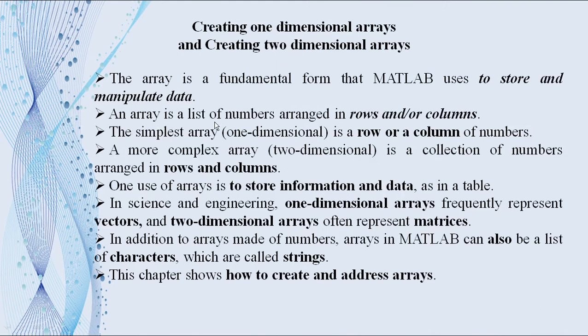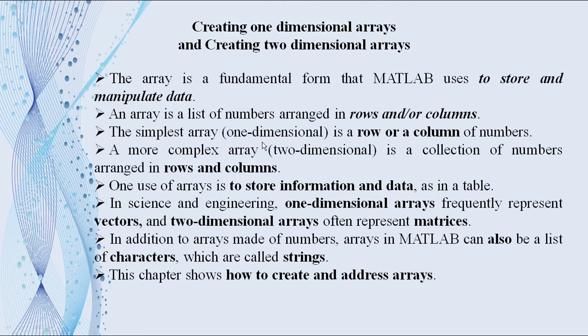An array is a list of numbers arranged in rows and or columns. So it's either arranged in a row or a column. The simplest array, a one-dimensional array, is a row or a column of numbers.